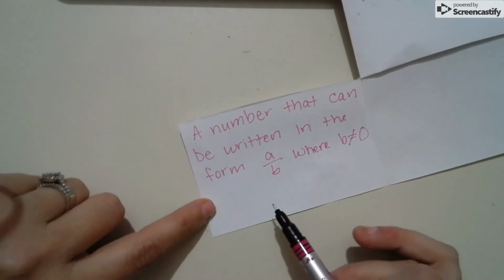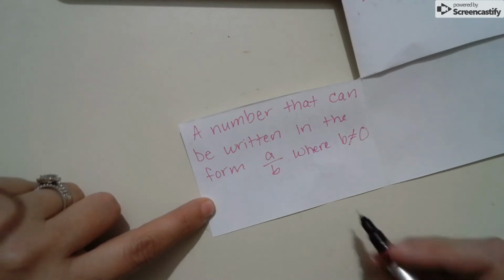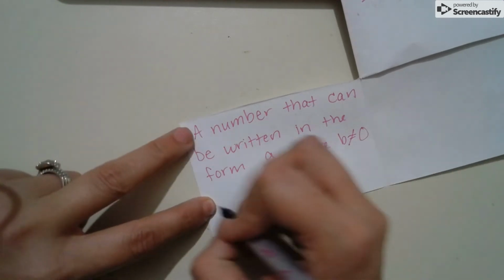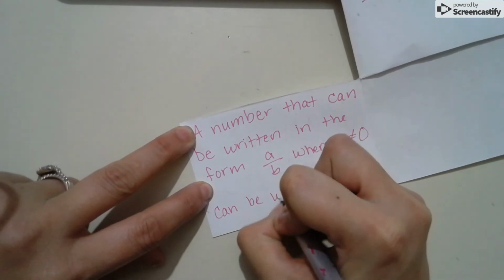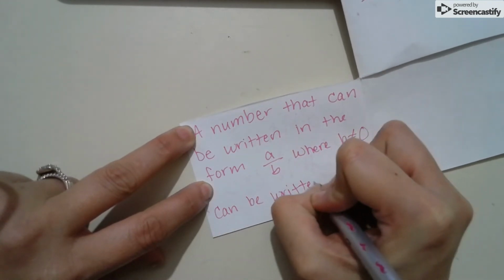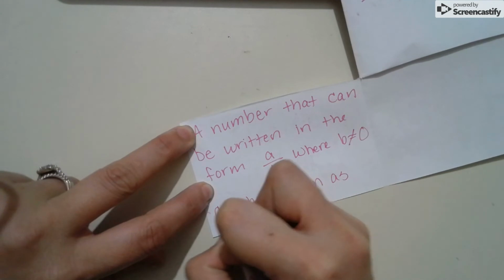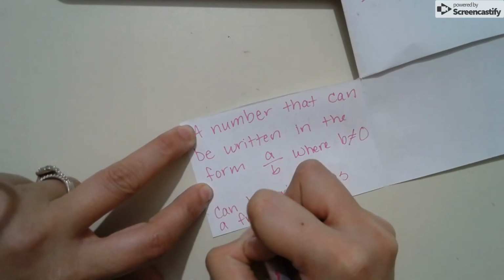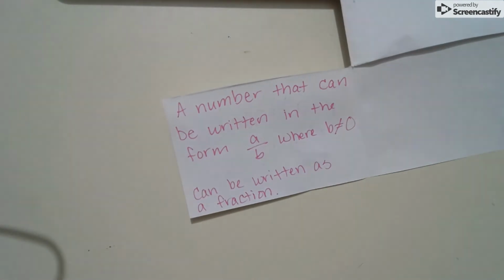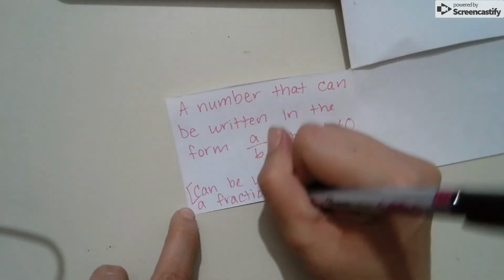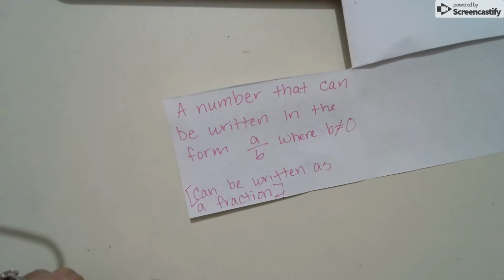So what this really means is a rational number are numbers that can be written as fractions. Can be written as a fraction. Just sounds fancy when you're talking about A over B, where B can't be 0, but this is what it means. Okay? Put that in brackets for you.